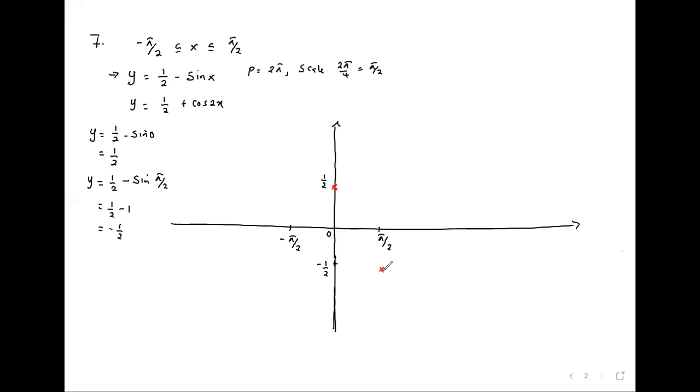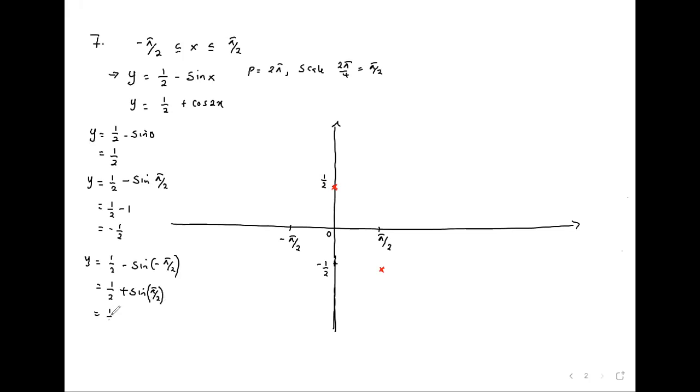Okay, then we also have another one, y is equal to half minus sine negative 90. Now sine is an odd function. It takes away the sign as it is.